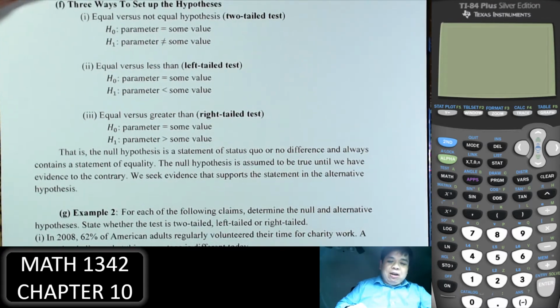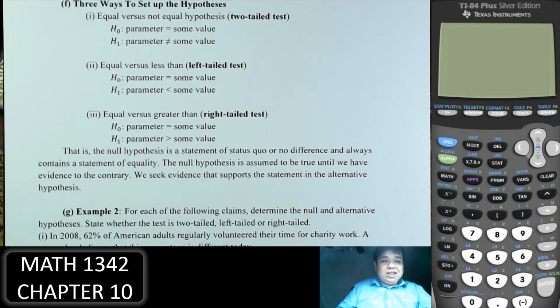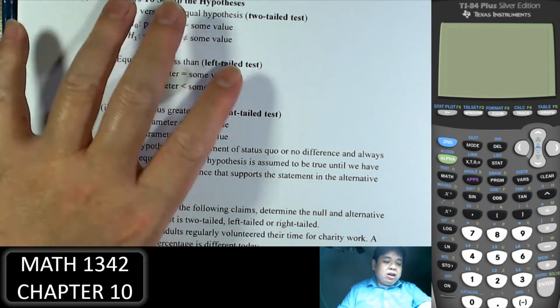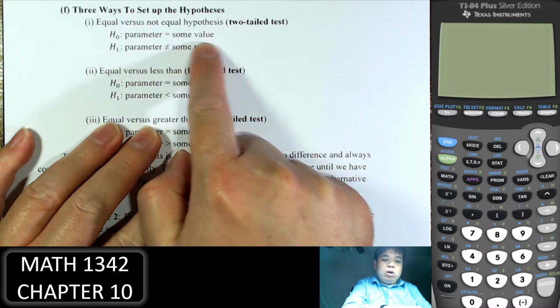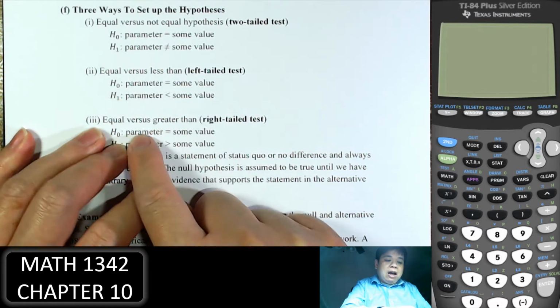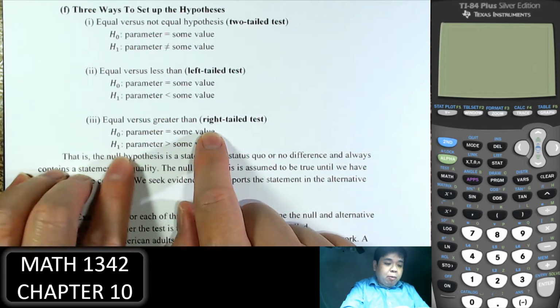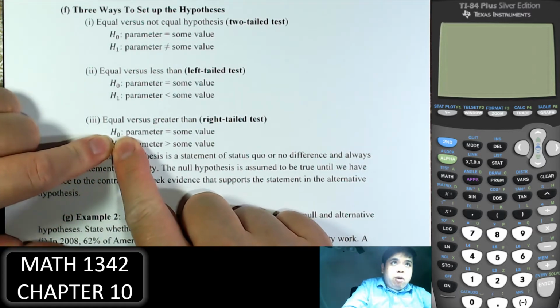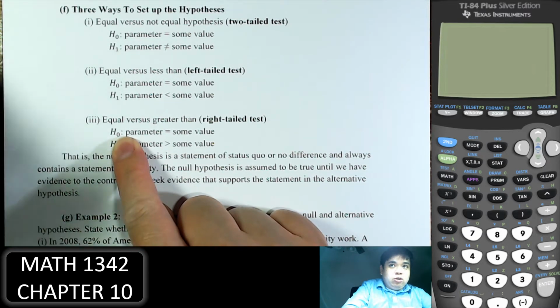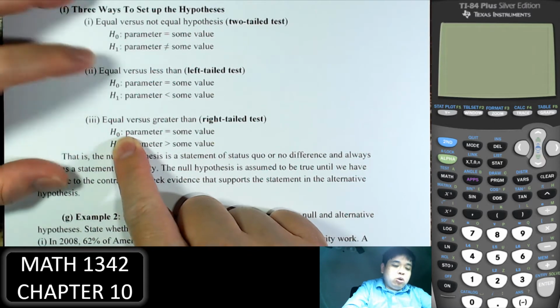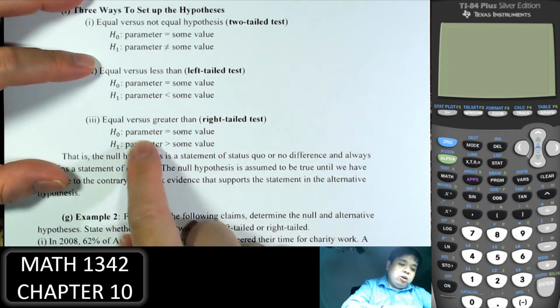Now, mathematically, in statistics, when we write the hypotheses, it will be like this. We say the parameter equals something. That is for the null hypothesis. Remember, the null hypothesis is a statement of no change, equal, no difference, status quo. So that's why the null hypothesis is always equal to.